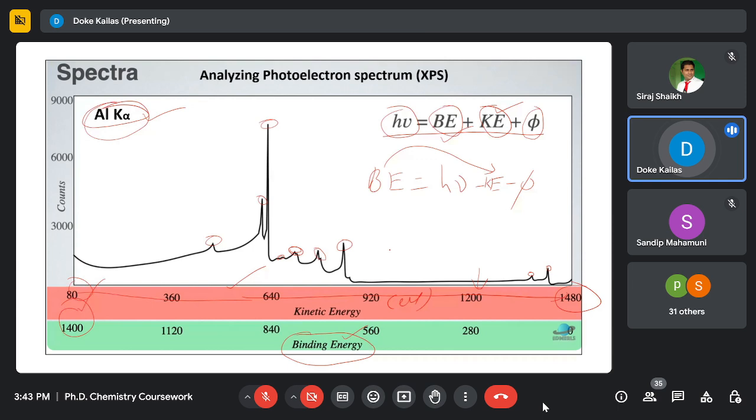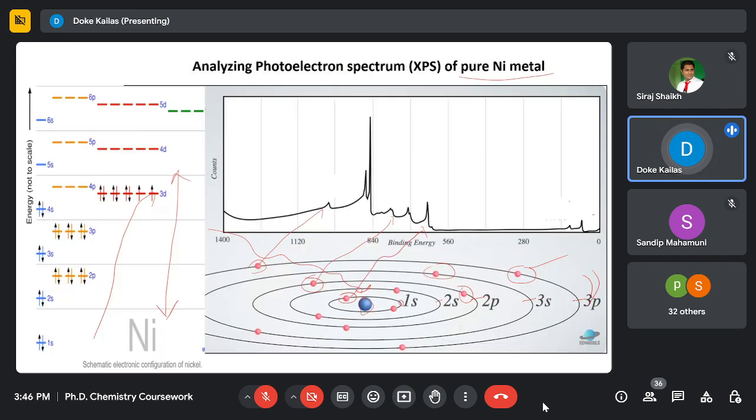Each electron is transported through the Fermi level to the free electron energy level, and enters the detector or analyzer of the instrument. Each electron has a different kinetic energy, which is recorded by the instrument. That kinetic energy is converted into binding energy.